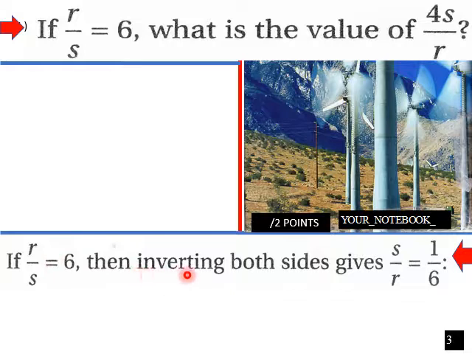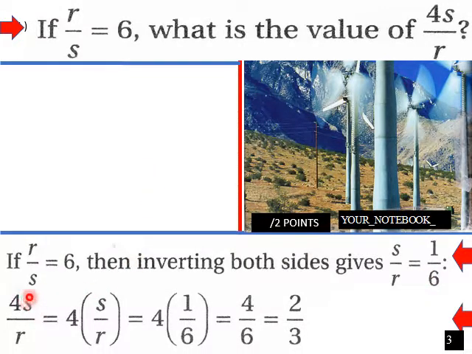Inverting both sides gives s over r equals 1 over 6, then 4s over r equals 4 times s over r equals 4 times 1 over 6 equals 2/3. So that would be one way that you can handle this situation.